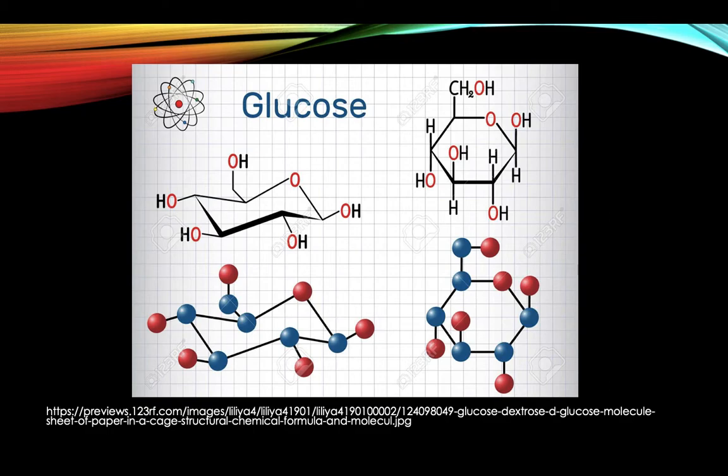Then the glyceraldehyde 3-phosphate is converted into 1,3-BPG, 3-phosphoglycerate, 2-phosphoglycerate, and then to phosphoenol pyruvate. Finally, at this step, it is pyruvate.